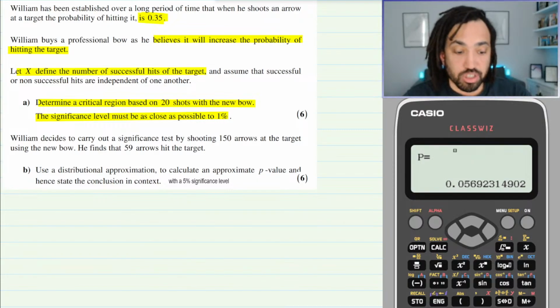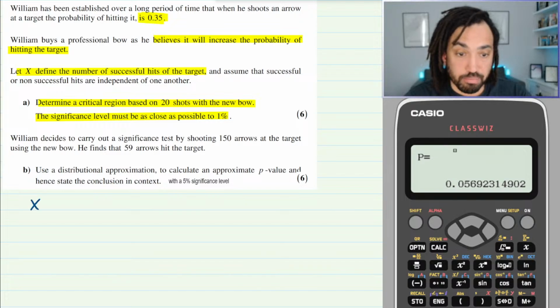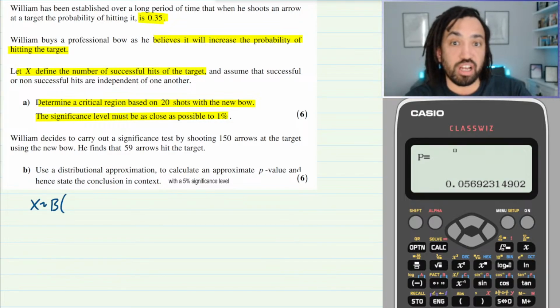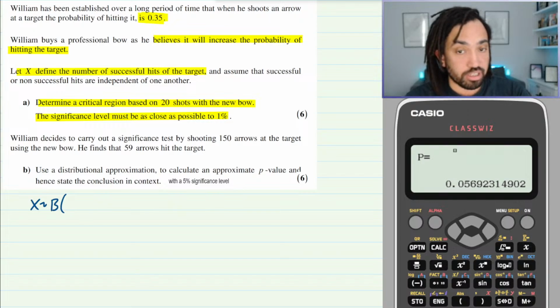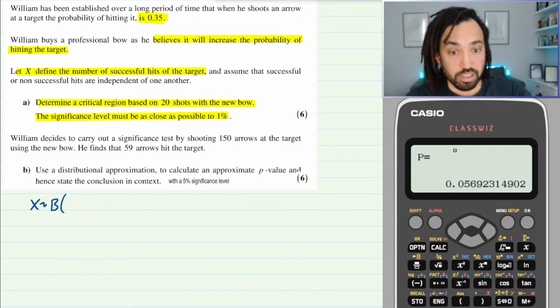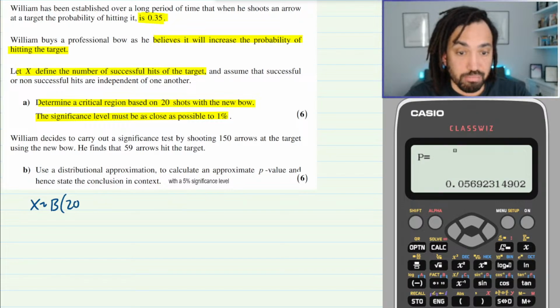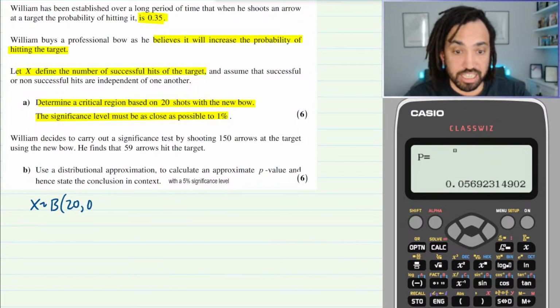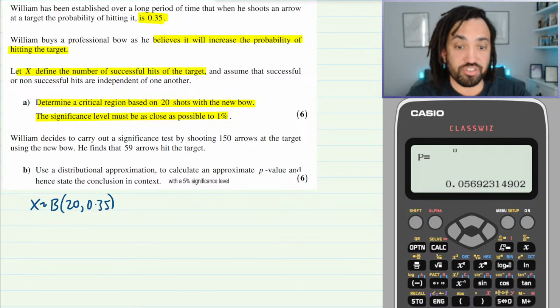Okay, so we start by setting up the distribution. This is a binomial distribution because you either hit the target or you don't. So two options, they are independent of one another, and there's a certain number of trials, in this case 20, and the probability is fixed at 0.35.